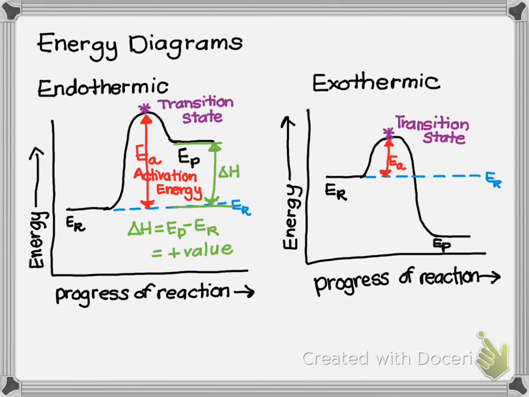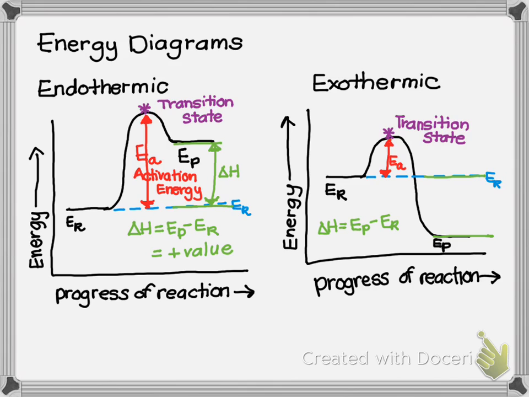Now let's take a look at the exothermic reaction. So again, delta H is equal to the energy of the products, where we finish, minus the energy of the reactants. Okay, so that means I'm taking this number down here, and subtracting this number up here.